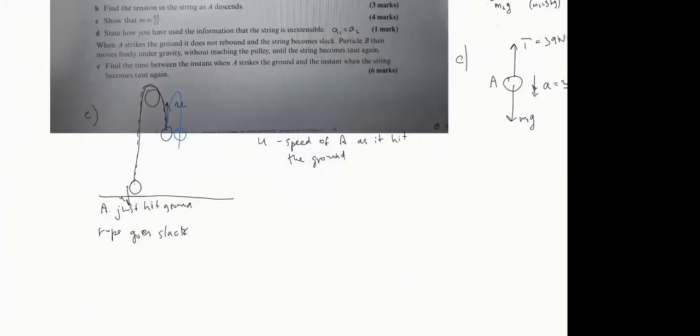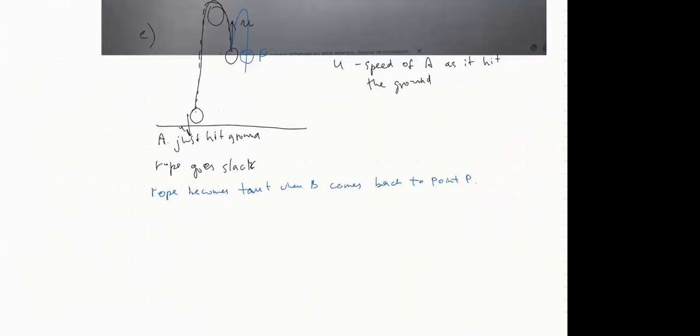So let's call this point P. The rope becomes taut when B comes back to point P. Lovely. So we need to work out u.